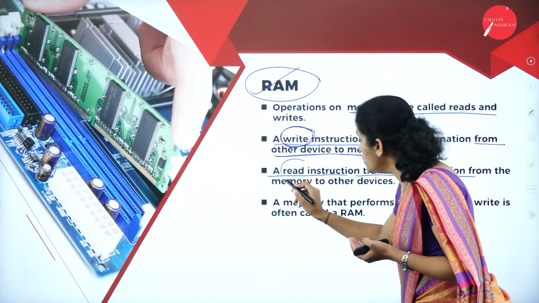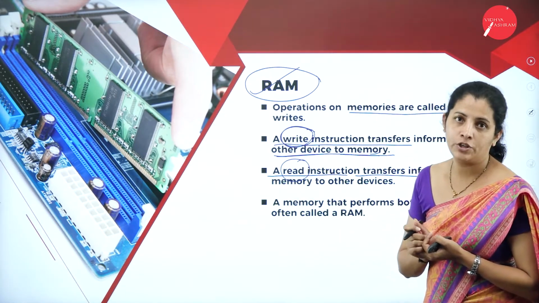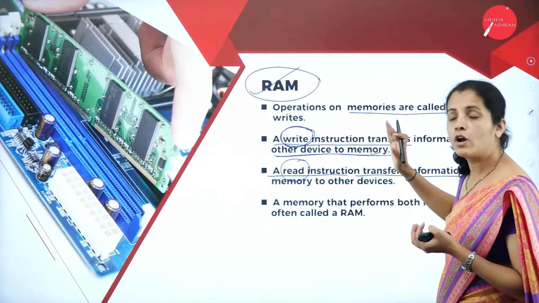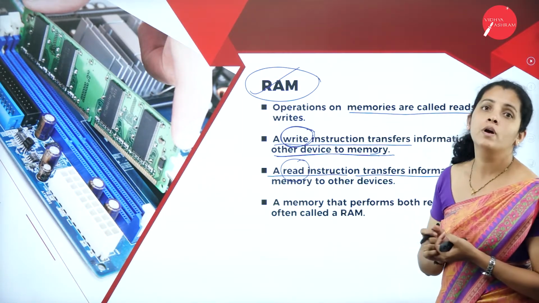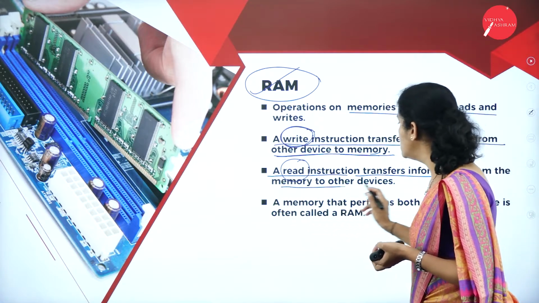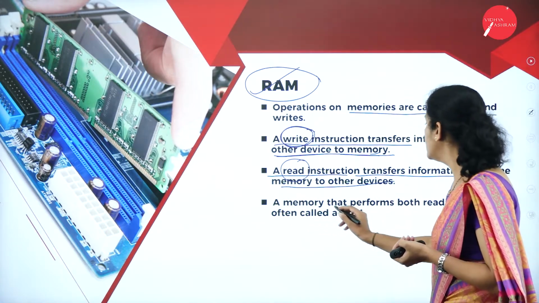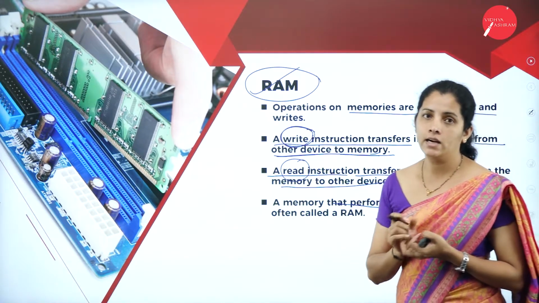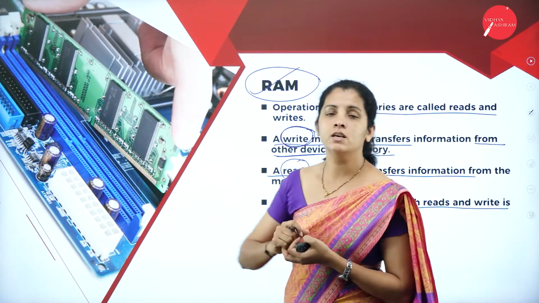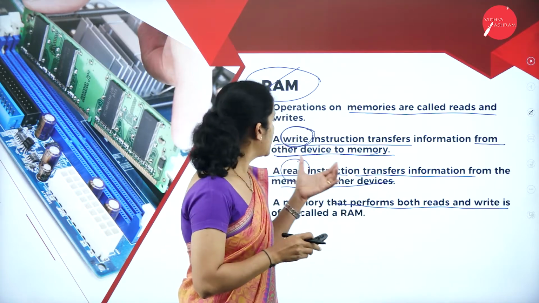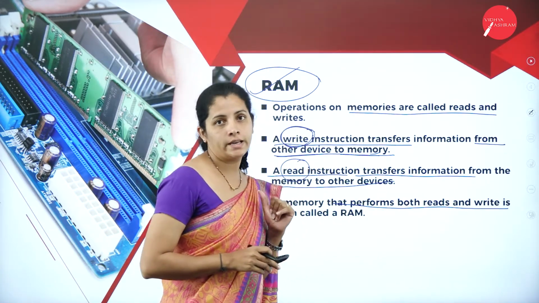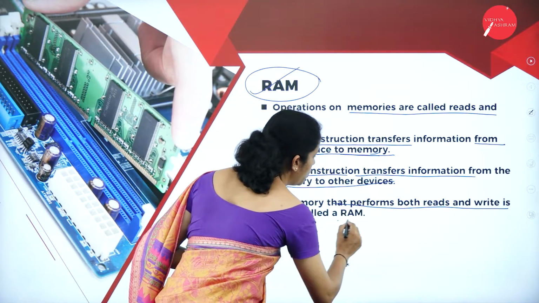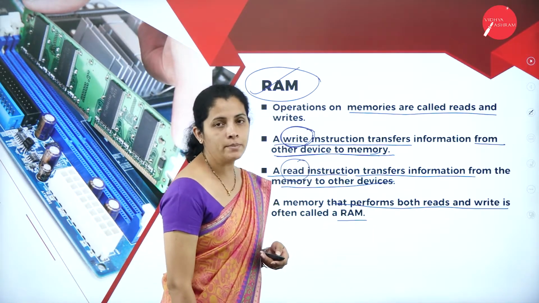And if I'm going to use a read operation, that indicates that I'm going to transfer the instruction from memory to another device. A memory that supports both read and write is called random access memory. That means the memory which is capable of performing both read as well as write operations, that kind of memory is called random access memory.